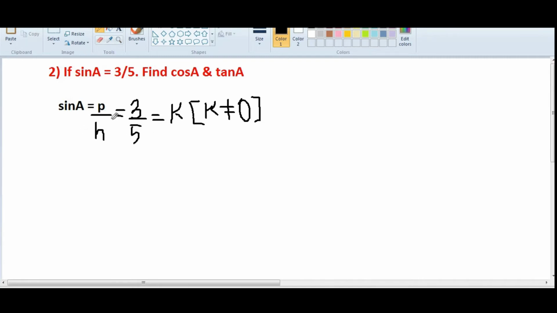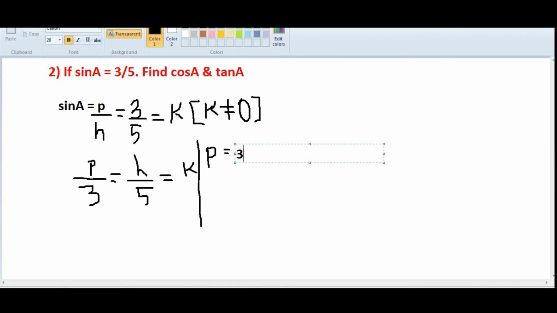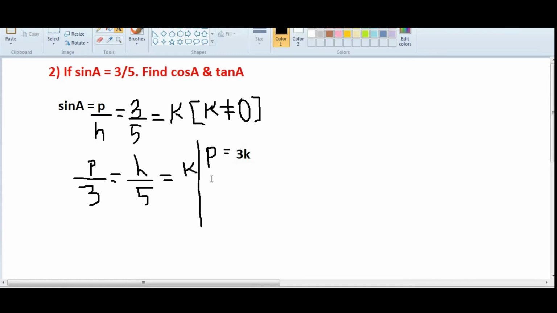Now we are going to arrange this in this way. Perpendicular by 3, and we will move the hypotenuse here, 5, and it will be equal to K. Now comparing P by 3 with K, the value of P will be 3K.